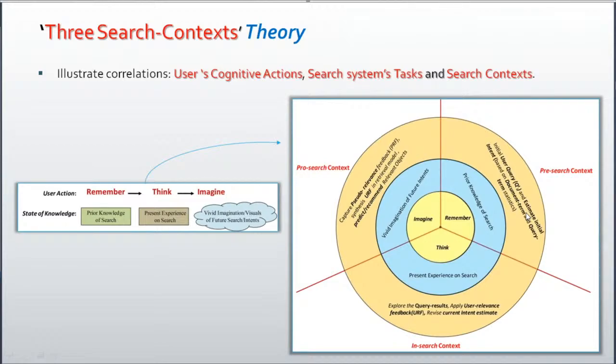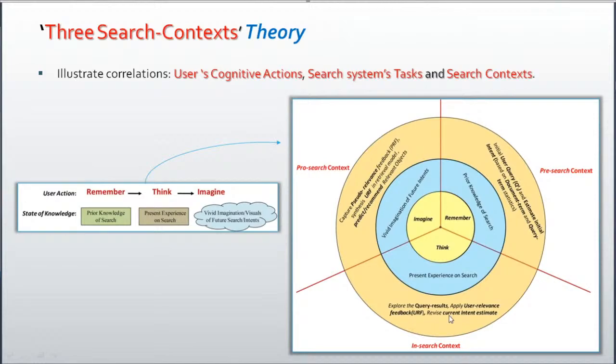After that we go towards the second state, which refers to the thinking behavior, where the user gains some experience, and that state is represented as the in-search context. We are in the middle of the search task, somewhere in between.